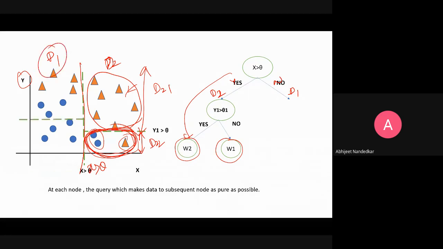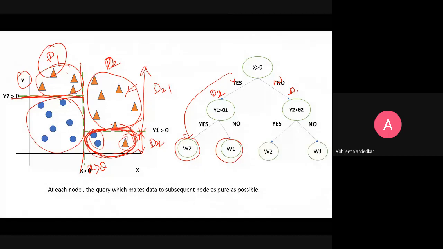So I take the feature y, which is left. X is already used. So I take the feature y and set a threshold, some theta 2, and then I divide it into two groups. Then I find that if I put a line here, then this is a pure blue group and this is a pure orange group.